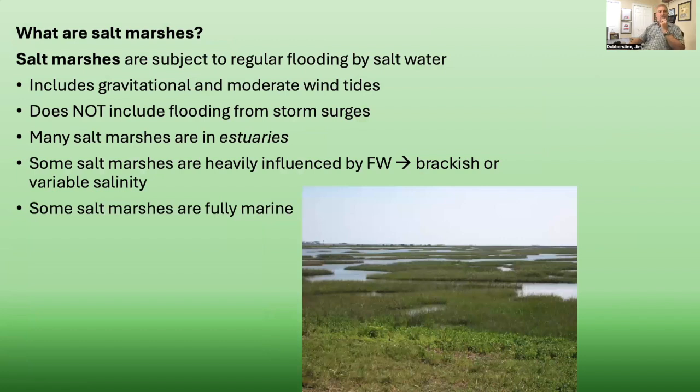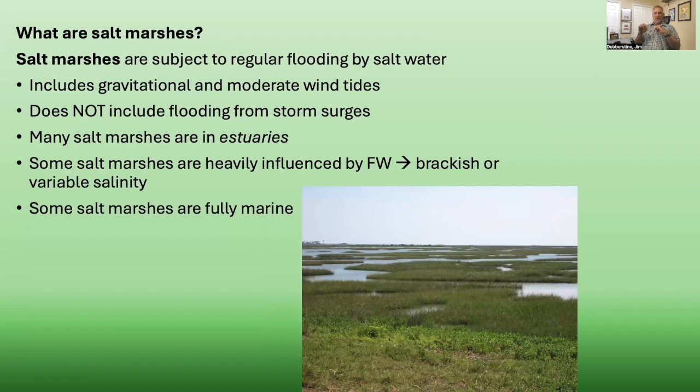Okay, so what are salt marshes? Well, again, things we've talked about. Salt marshes are subject to regular flooding by salt water. They're affected by tides, both gravitational and wind tides, but salt marshes are not defined by flooding from storm surges.